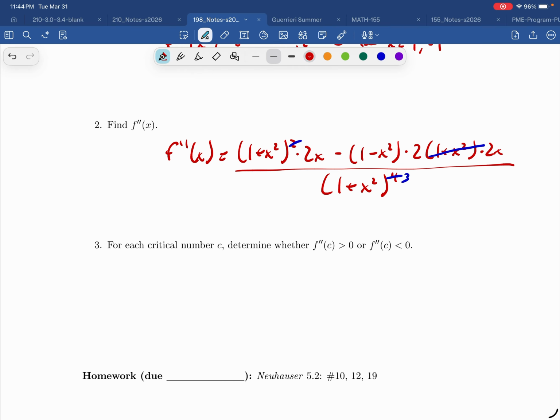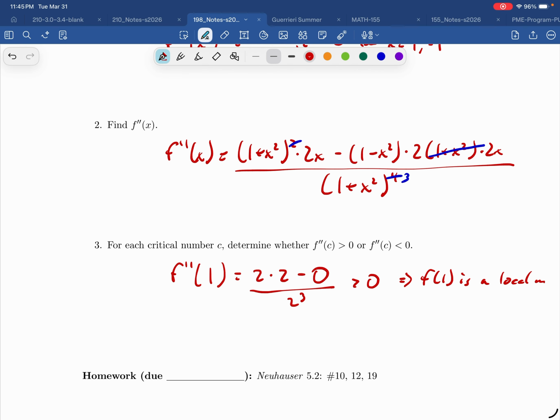But anyway, for each critical number, you'd plug it in. So we would do f double prime of 1 equals, what is this going to be? 2 times 2 minus 0, all over 2 cubed, which is greater than 0, implies f of 1 is a local min.